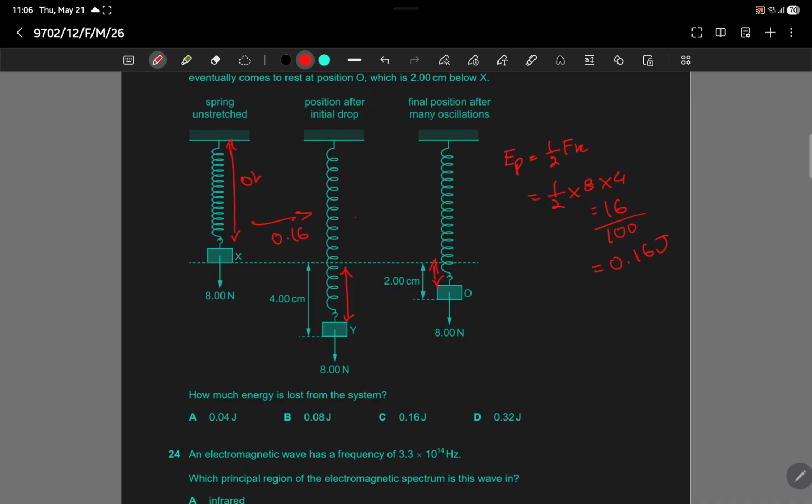Now from this to this, it goes back up, so there's going to be a gain in gravitational potential energy. Mass, let's say 8 by 9.81, into 9.81, into what is the increase? 2 centimeters.